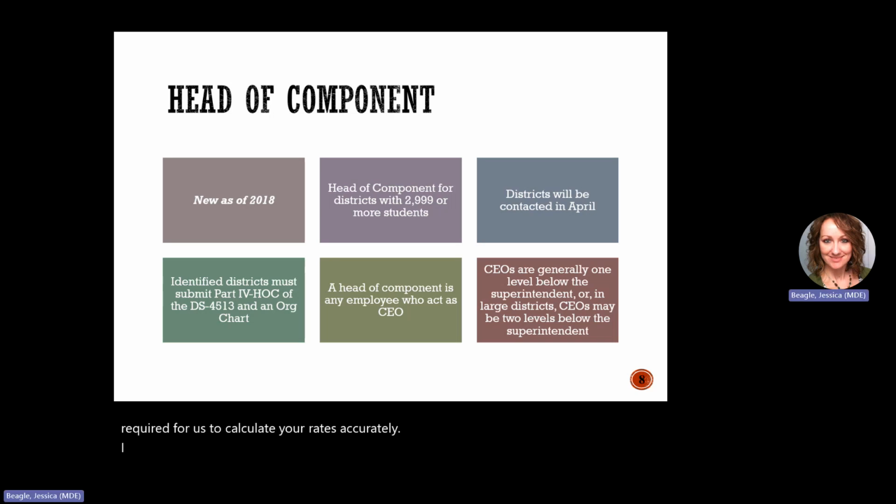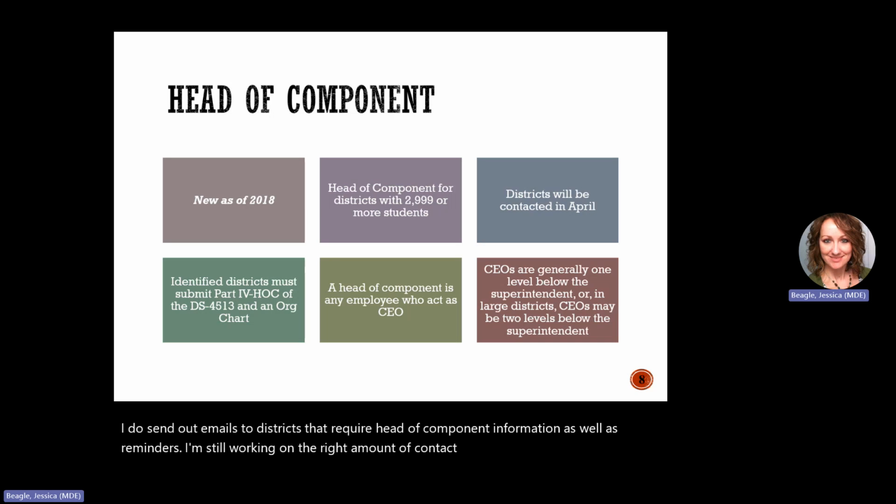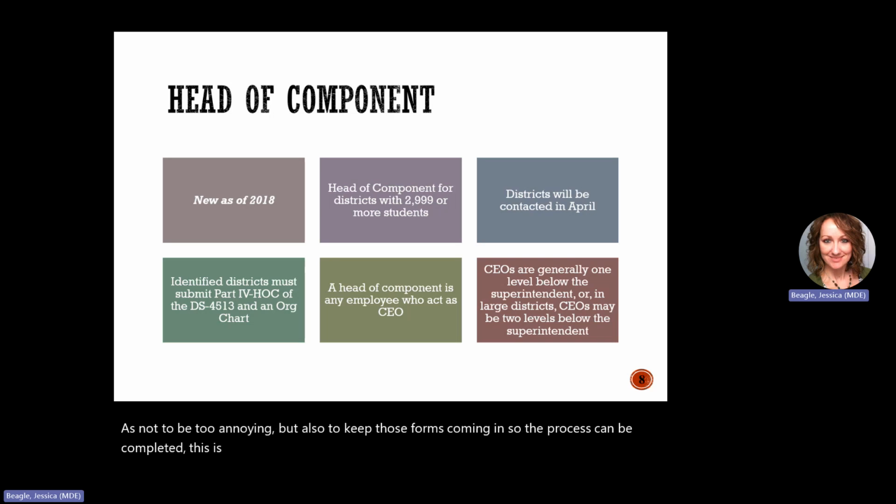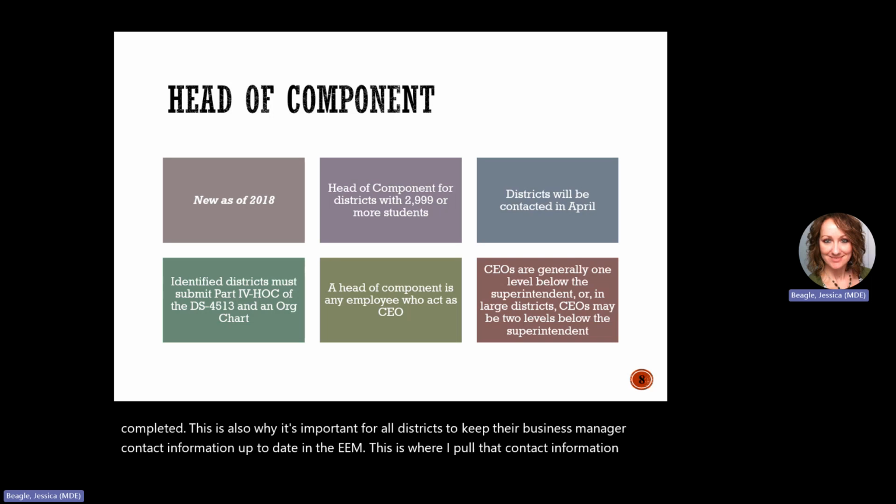I do send out emails to districts that require head of component information as well as reminders. I'm still working on the right amount of contact so as not to be too annoying, but also to keep those forms coming in so the process can be completed. This is also why it's important for all districts to keep their business manager contact information up to date in the EEM. This is where I pull that contact information from, in addition to looking at whoever submitted last year's information.